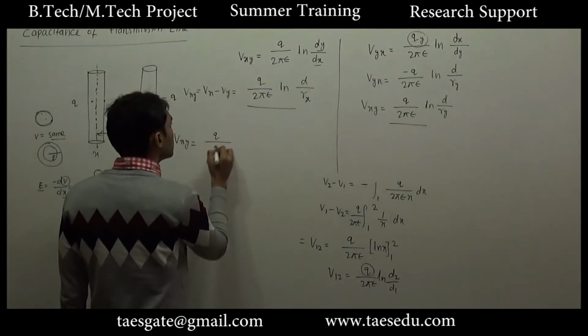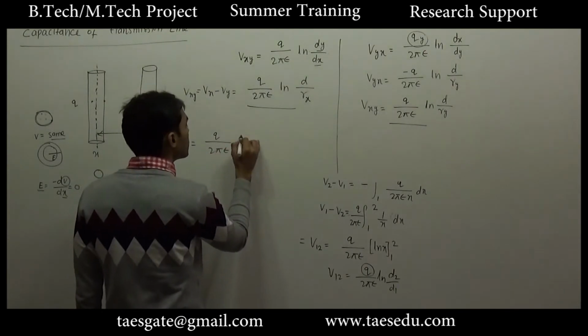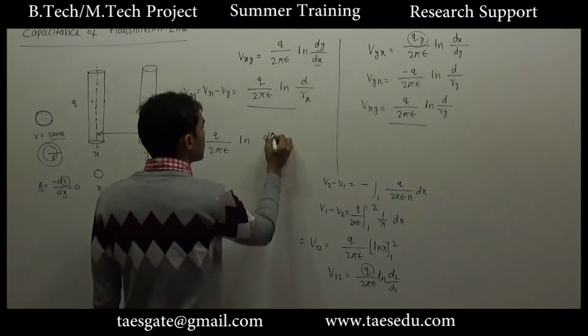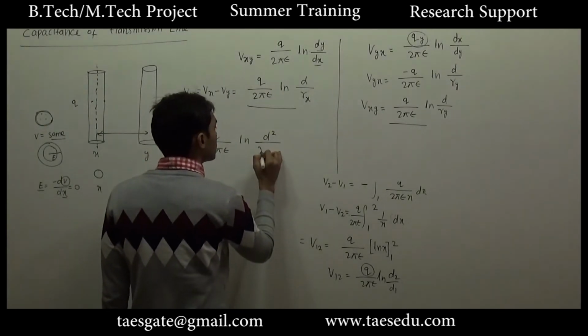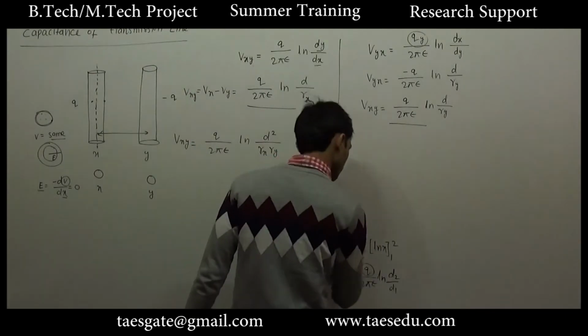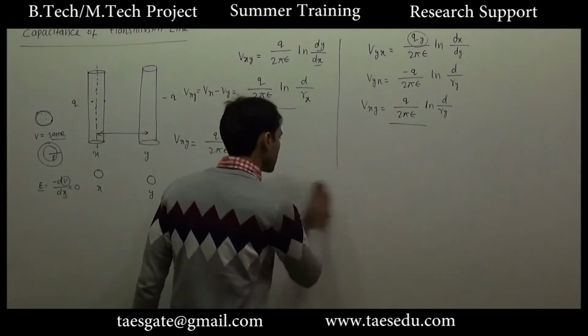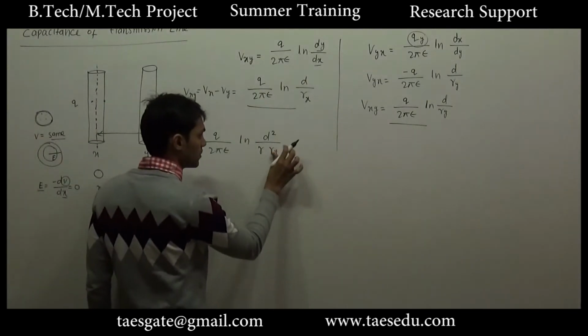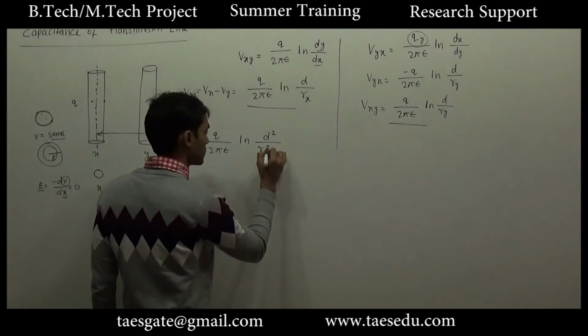This we will have Q divided by 2 epsilon ln d square divided by Rx into Ry. Let us assume that both the conductors have the same radius, so here also we will have r square.